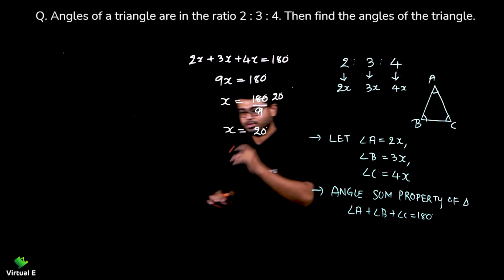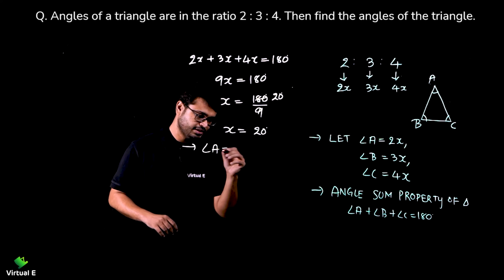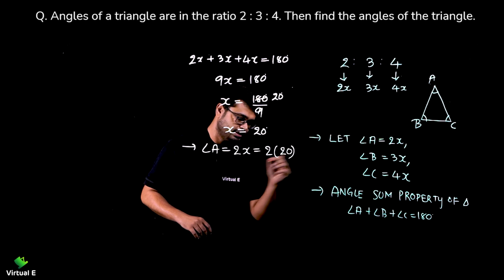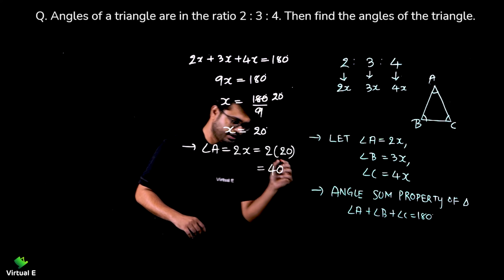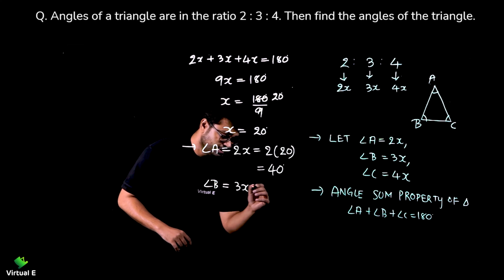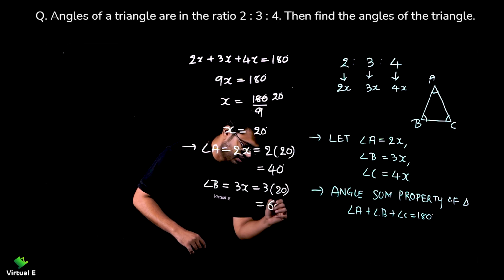So let's start over here. First we have angle A is equal to 2x, which is 2 into 20, that is 40 degree. Then angle B is equal to 3x, which is 3 into 20, that is 60 degree.